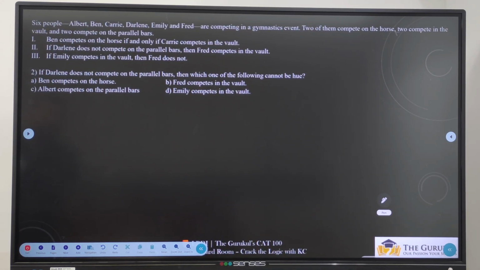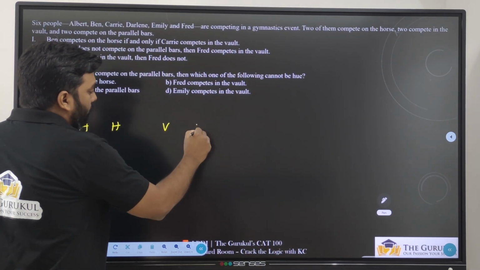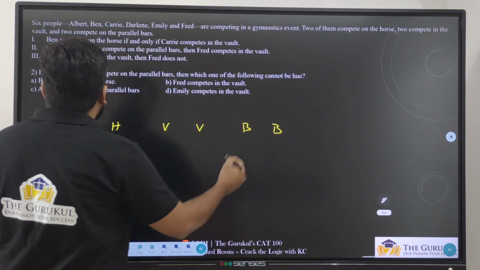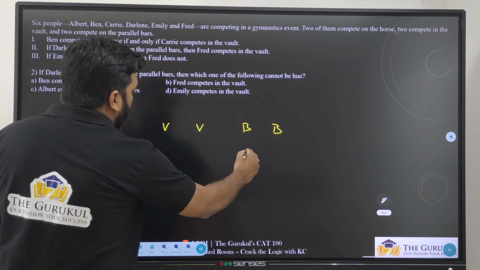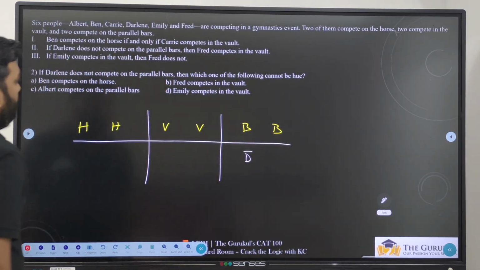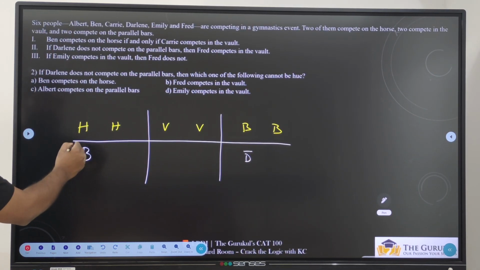Next, if D does not compete on bars, then which of the following can be true? We are having horse, horse, vault, vault, bars, bars. D does not compete on bars, so D is not happening over here. Then which of the following can be true? B competes on the horse. Can B compete on the horse? Let us see. If B is competing in the horse, then what can we keep?